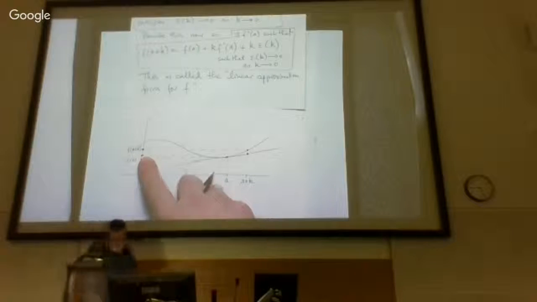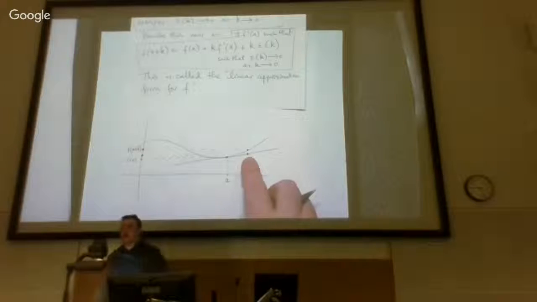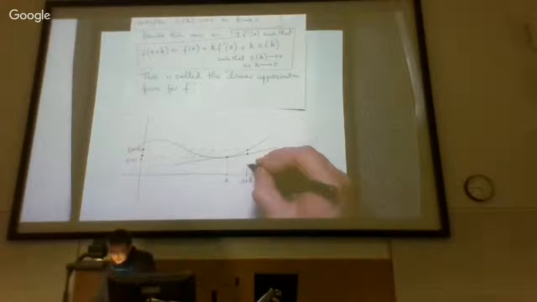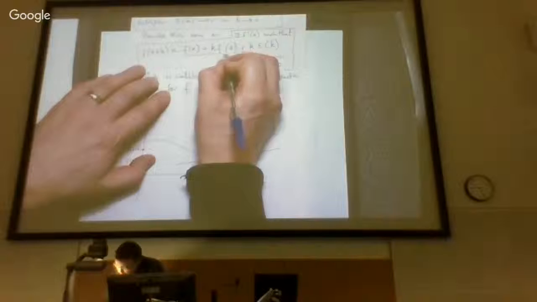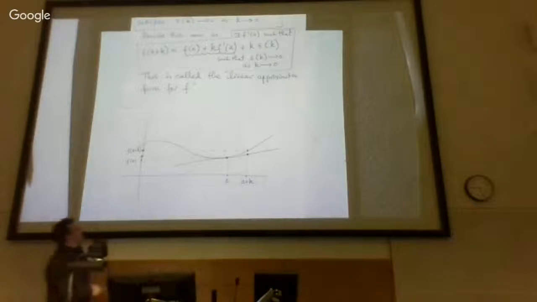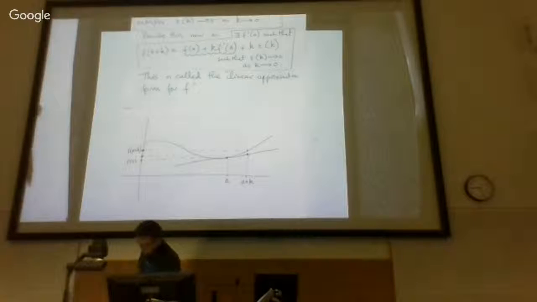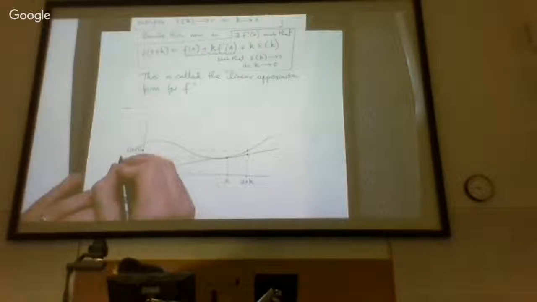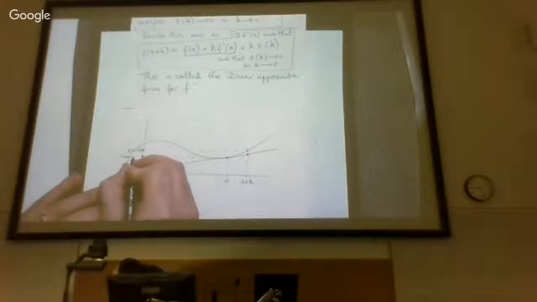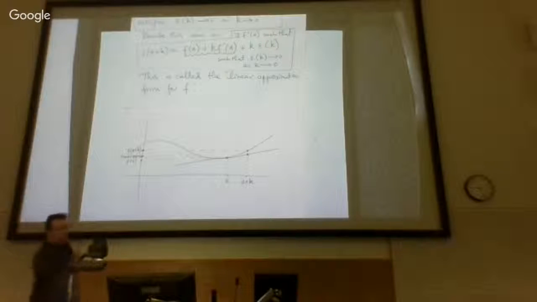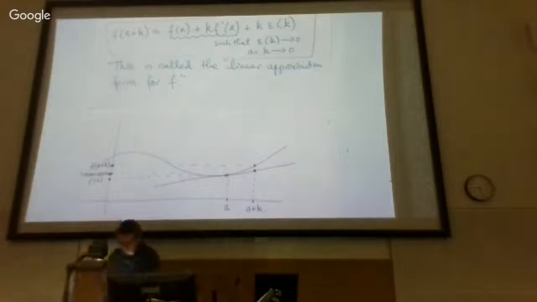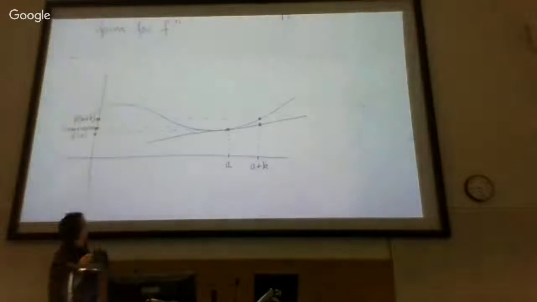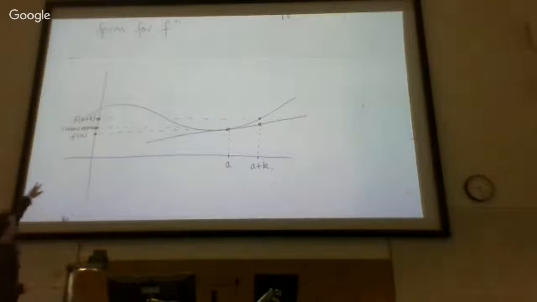This intermediate value, which is the value on the tangent line at a plus k, is the value of f of a plus k times f prime. I've just written in linear approximation in here. Sorry, it's a bit zoomed in. Okay, you can see it a bit better. That's the linear approximation.